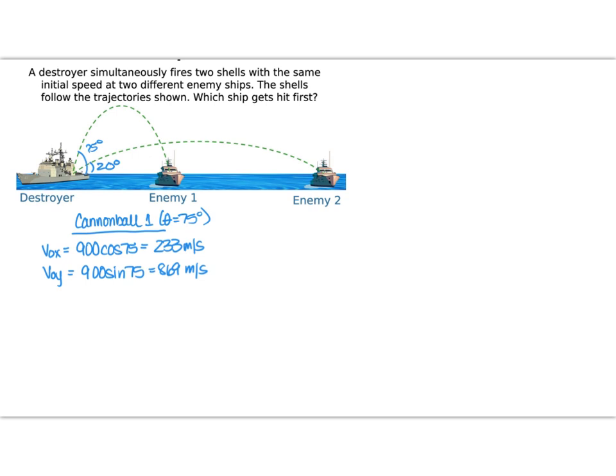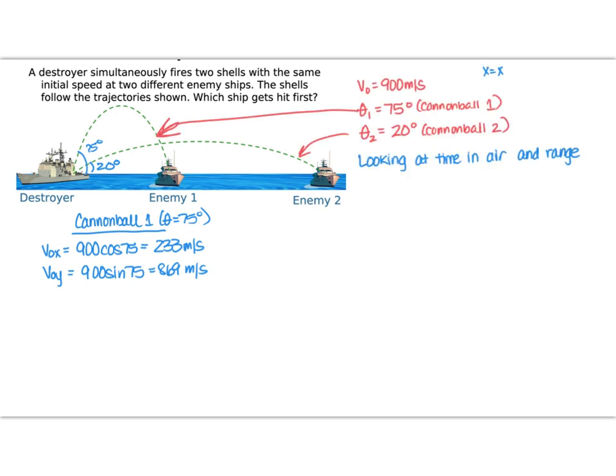I'm going to write my equations up here because I said I want you to do this, so I should do it too. These are my general projectile motion equations that I'm going to use.